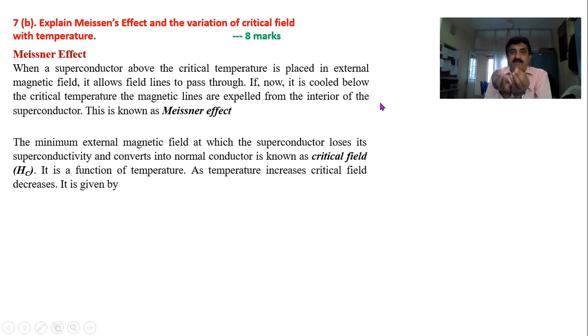Now you have a piece of superconductor, keep it in the magnetic field, apply the magnetic field, the lines will pass through the specimen. When the substance is at a higher temperature, T greater than Tc, that means it is not a superconductor right now. It is a superconducting material, but not yet achieved that superconducting state. It is normal. If you apply a magnetic field, lines will pass through.